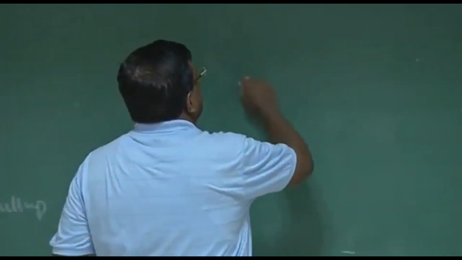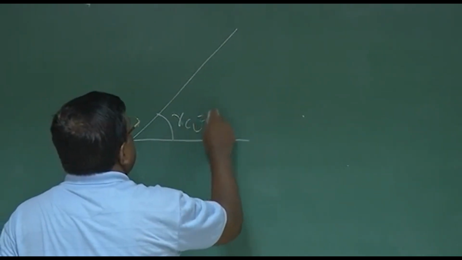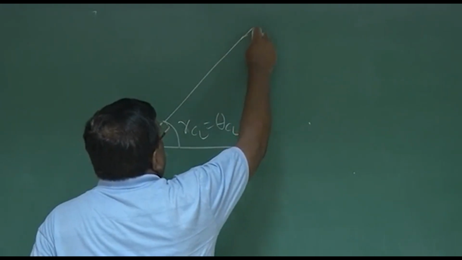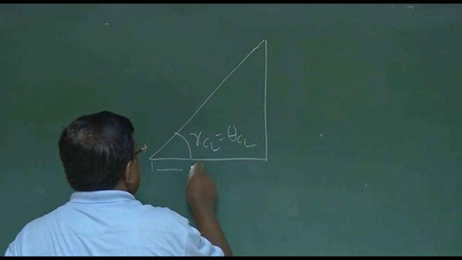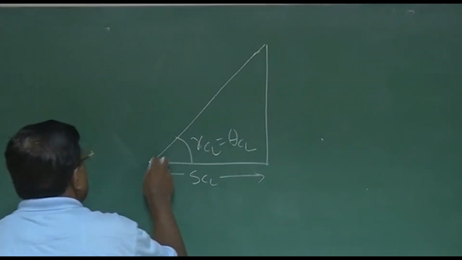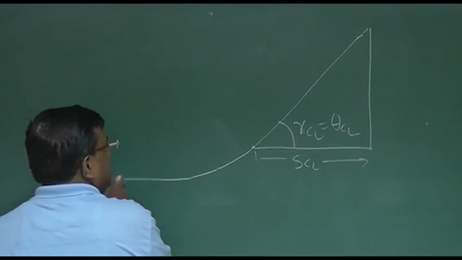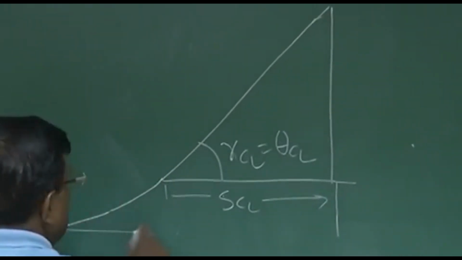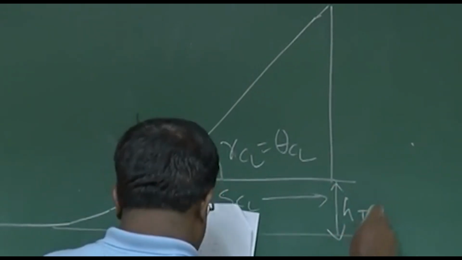Finally, we are left with gamma CL. Many books will write it as theta CL. And to find out this distance, which is S CL, you know, there was a pull-up, there was a roll, and like this. Let us say this distance from the ground is H TR.